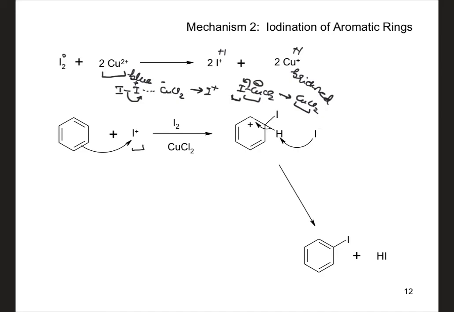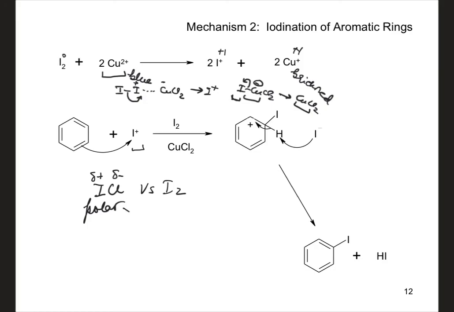There are some other methods that have been put forth. For example, the use of ICl versus I2. Because ICl is a somewhat polar bond already, right? It has a greater tendency to generate your I plus species.